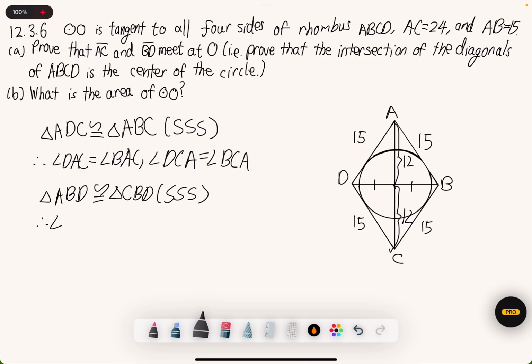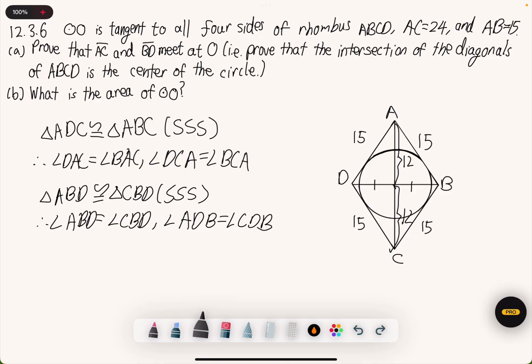And therefore, angle ABD equals angle CBD, and angle ADB equals angle CDB. So BD bisects angles ABC and ADC. So obviously the diagonals of a rhombus, or at least for this rhombus, bisect its angles.